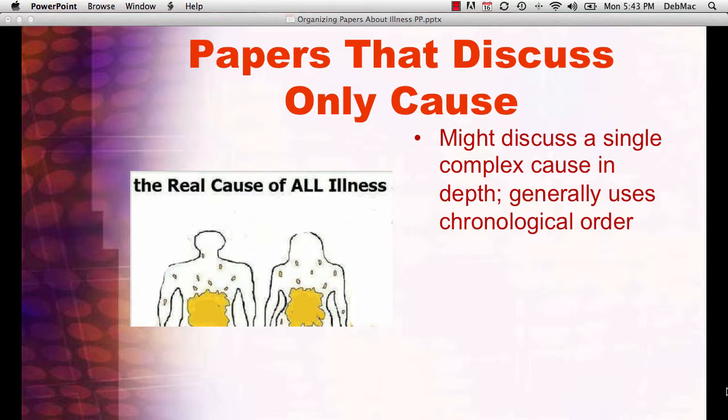Sometimes these papers discuss a single complex cause in depth, and generally that uses a chronological order. For example, many mental illnesses, bipolar disorder, for example, are believed to be caused by a really complex interaction in the synapses of the brain.